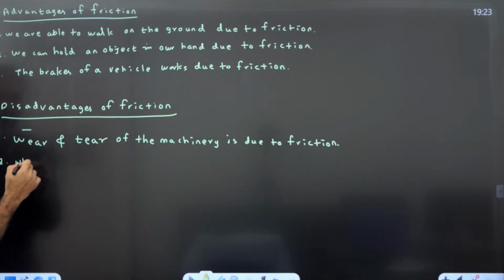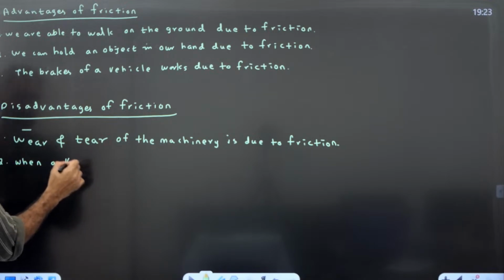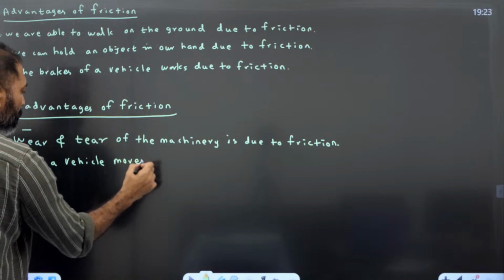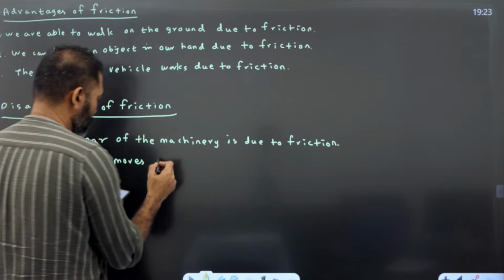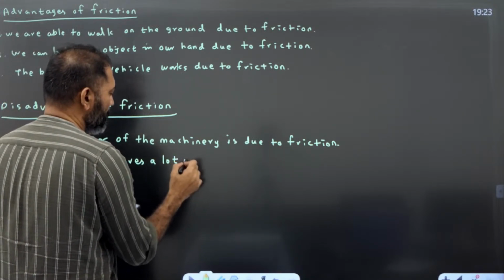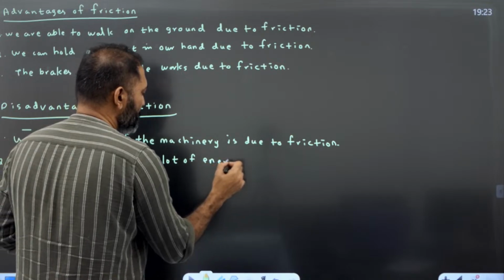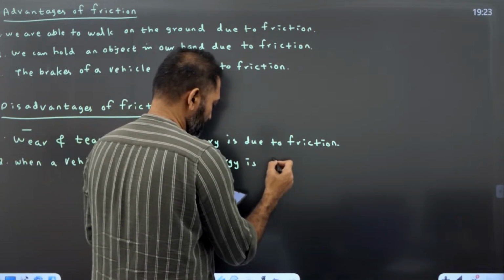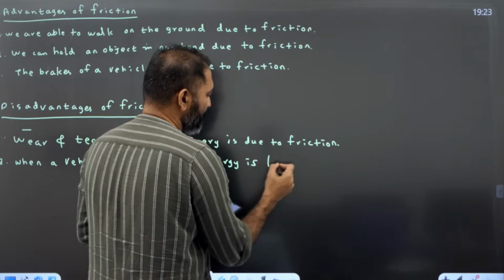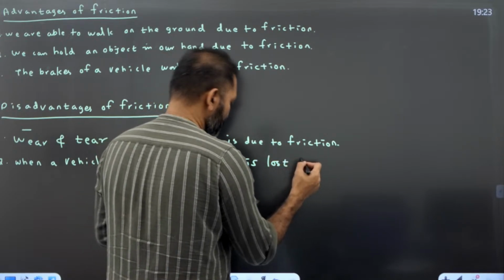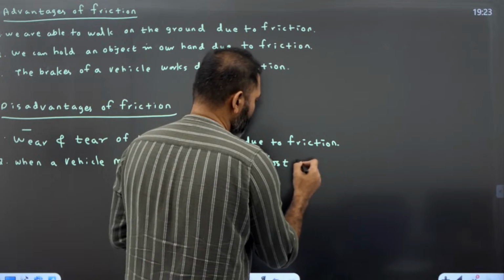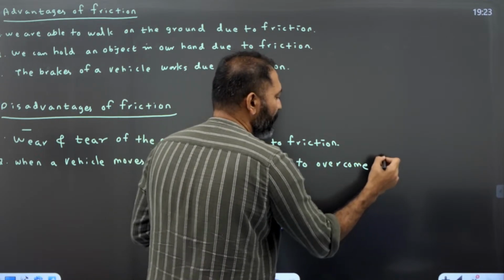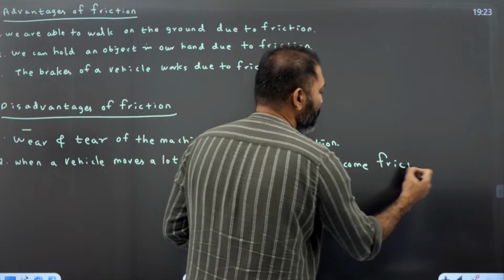Then, when a vehicle moves, a lot of energy is lost to overcome friction. We have to spend a lot of energy to overcome what? Friction.